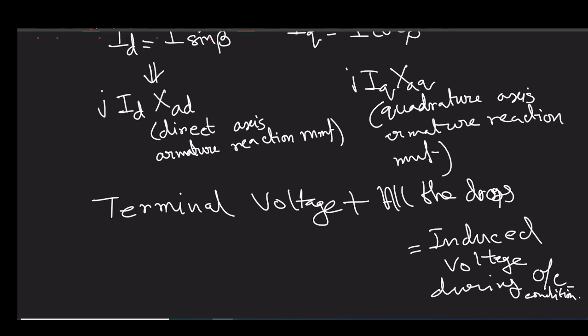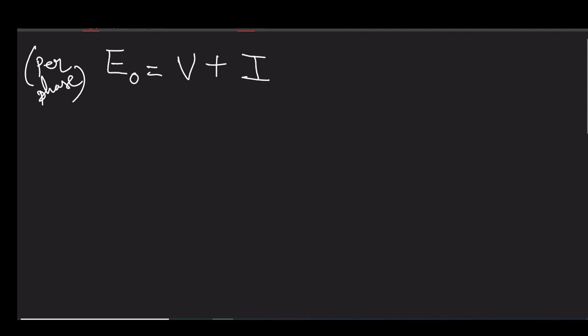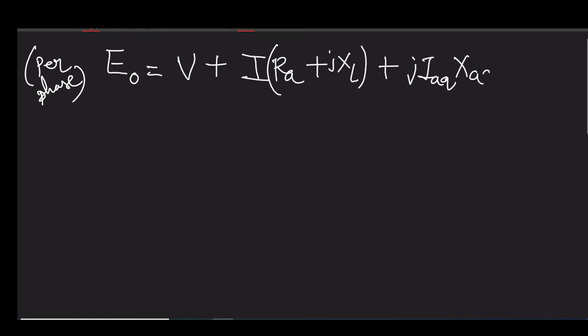Now here we can write that E naught, that is the open circuit induced voltage, is equal to the terminal voltage plus I into, remember the armature circuit is a single circuit, so I am writing per phase, now there will be a single leakage, so plus J I AQ XAQ plus J I AD XAD.